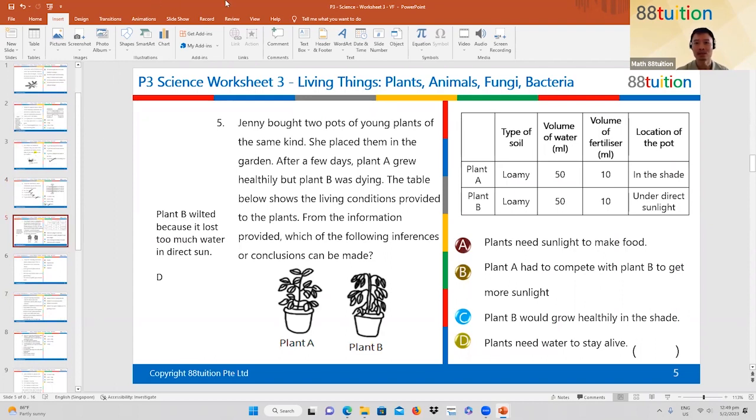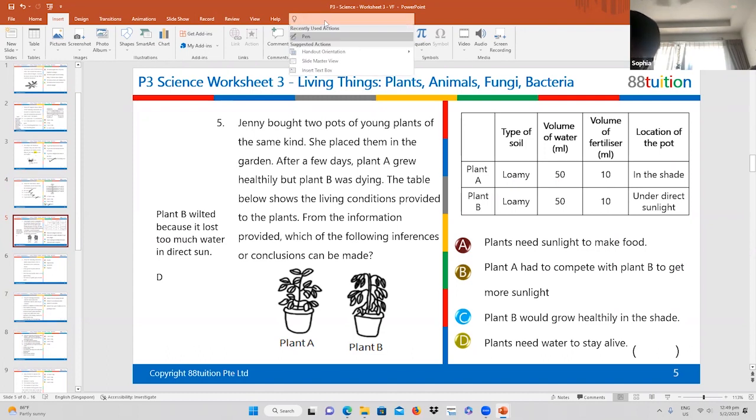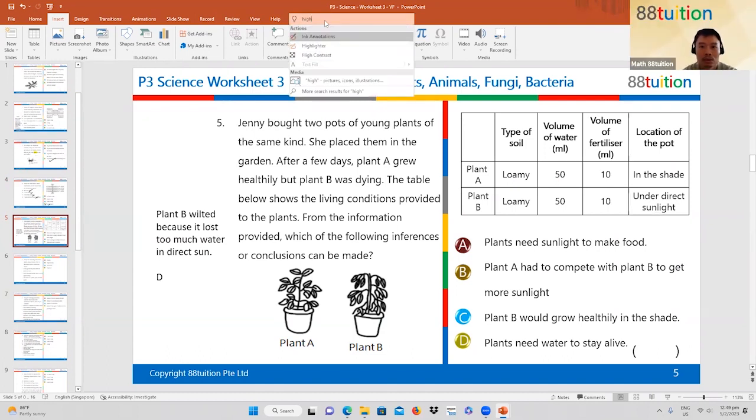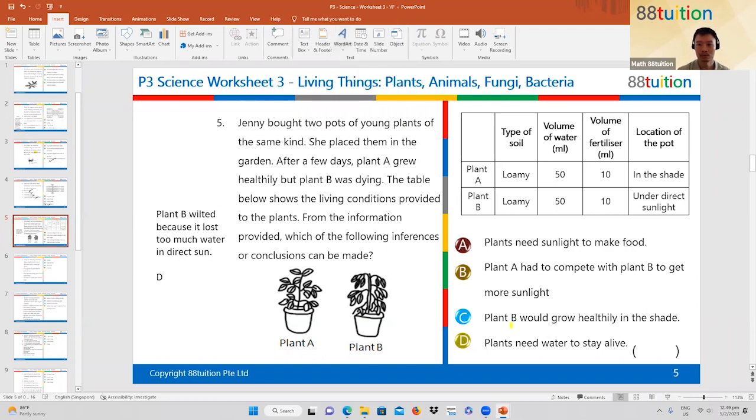Okay, come. Next one, Harith. Maybe I also do a highlighter. Okay, highlighter. The highlighter is doing better. Okay, can see very clearly.